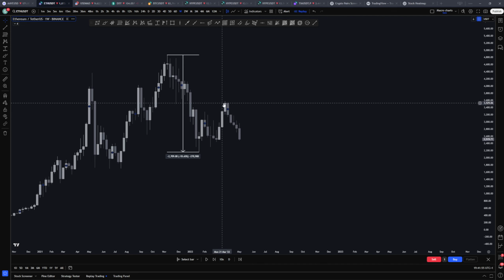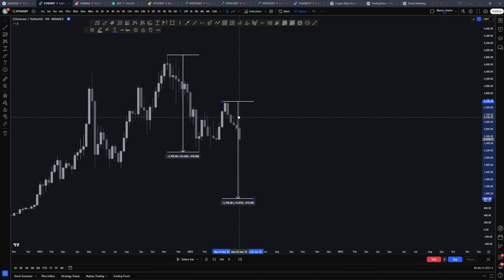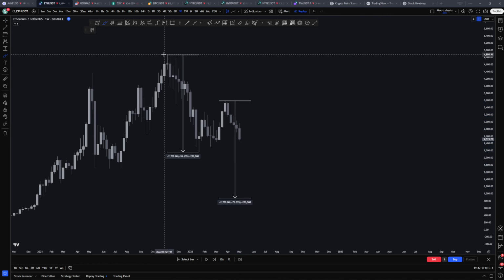Lightning patterns come from people consciously or subconsciously looking at this. And how we use them is like this. We take that price leg down and we very simply copy it and move it on top of that bounce. So you can see that, let me do it as precise as possible. You can see that I simply copied this little price range, so $2,700, put it at the top of this.